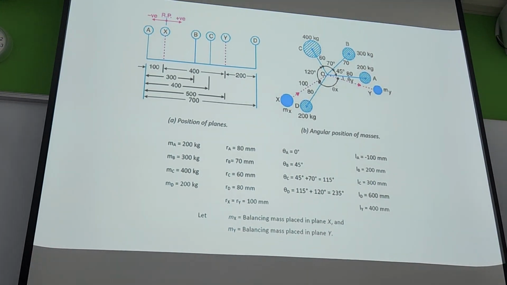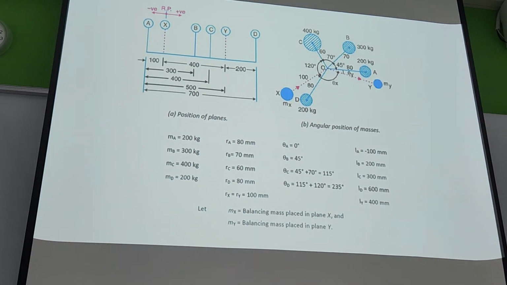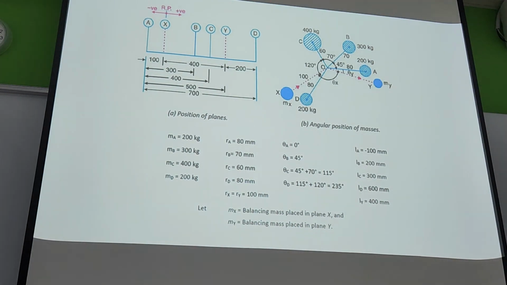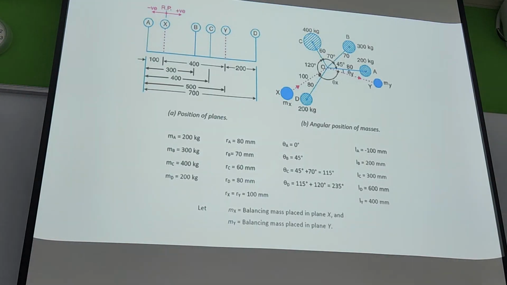Okay, mass A to mass C is given, then mass A to correction plane Y is given, and also the distance between mass A and mass D. All the distances are given based on the description here. Okay, so based on the description, you will be able to locate the position of the correction planes X and Y and the masses A, B, C, D. Okay, the 4 masses.